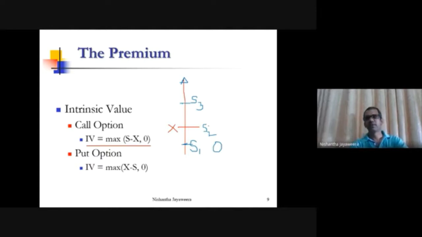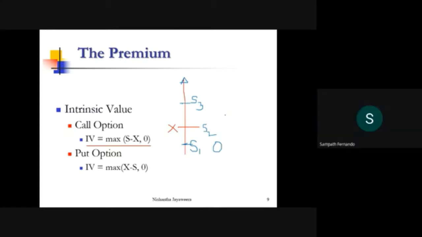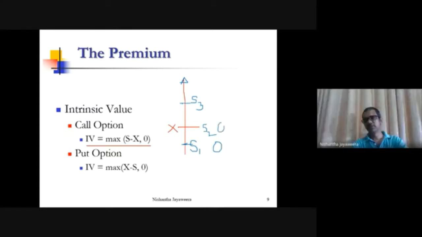What would happen when the price is at S2? That is also 0. Whether you exercise or not, you can exercise if you want, still you get a 0 value. You don't get anything additional.